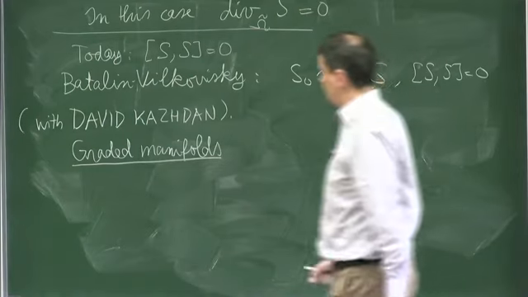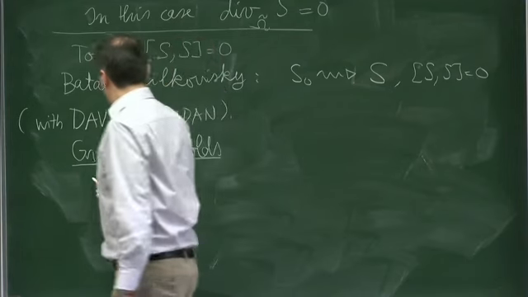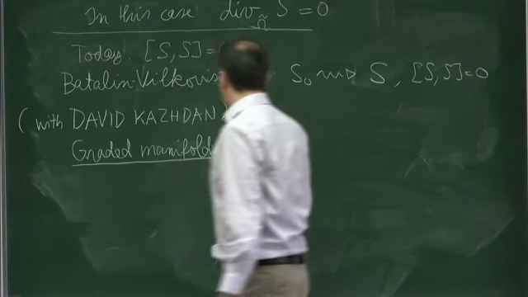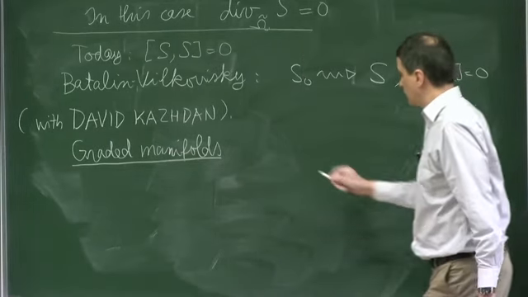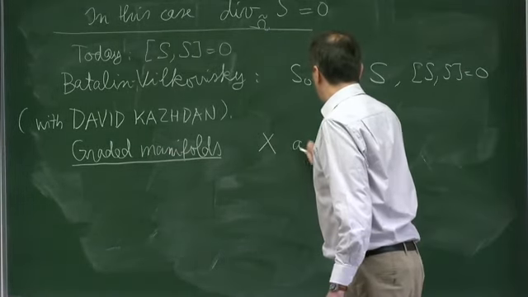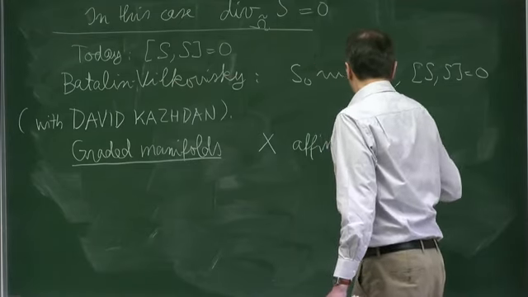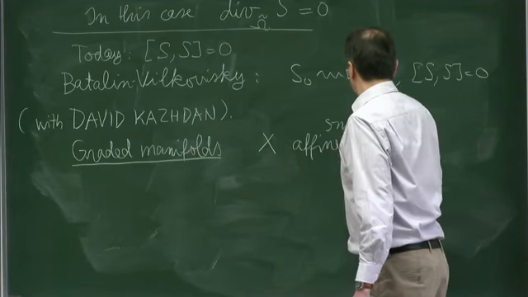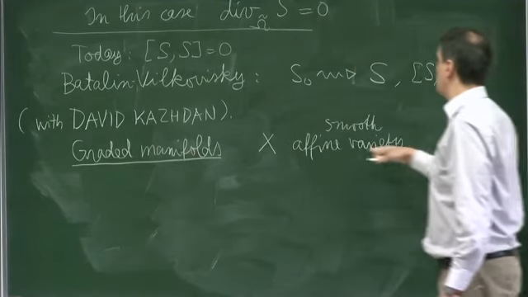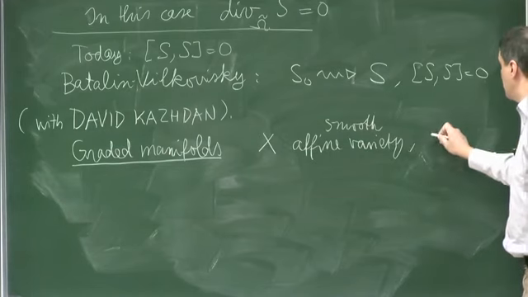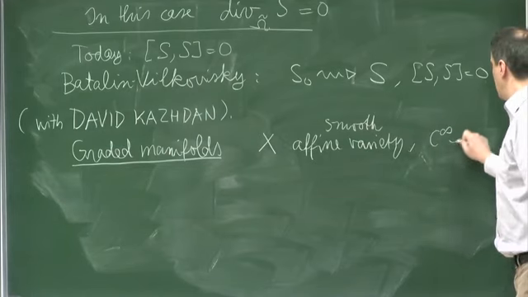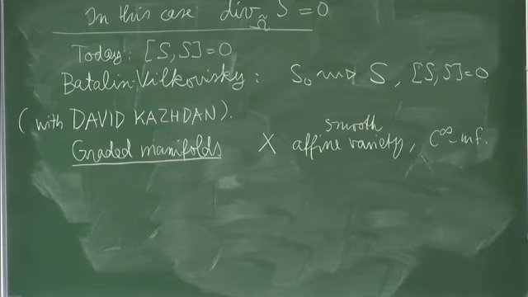So we need something called a graded manifold. You can do this in various contexts. So X could be a smooth affine variety. We'll talk mostly about this case, but it could also be a C-infinity manifold or a complex manifold. But it should be smooth.